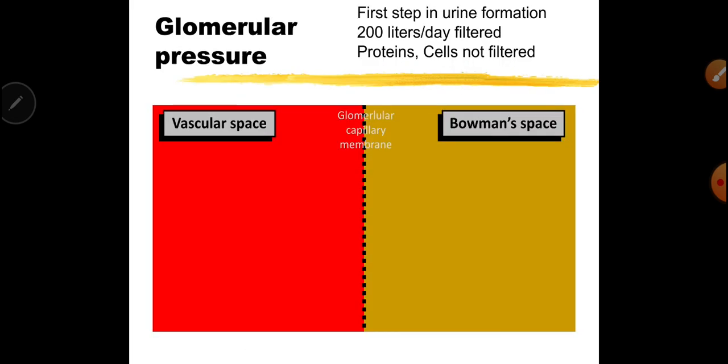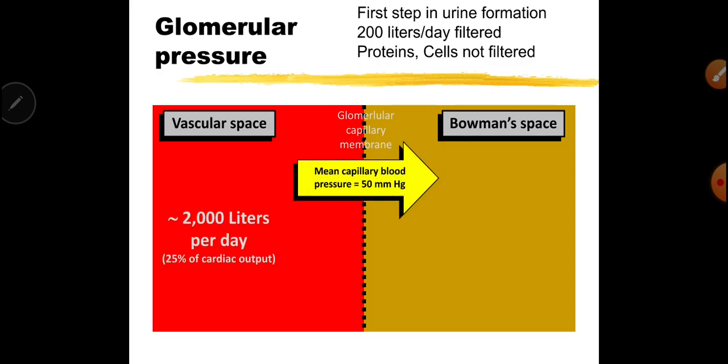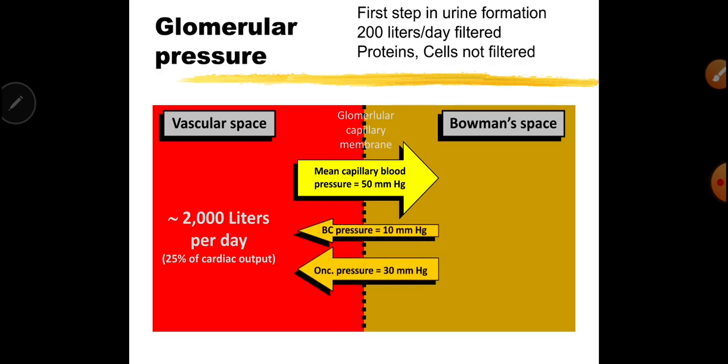We talked about glomerular filtration and the glomerular pressure that is necessary for this process. We said the glomerular pressure involves hydrostatic pressure and oncotic pressure. The hydrostatic pressure will push the blood from the blood circulation to the Bowman's space. At the same time, the oncotic pressure will be responsible for the movement of water from Bowman's space back to the blood flow.